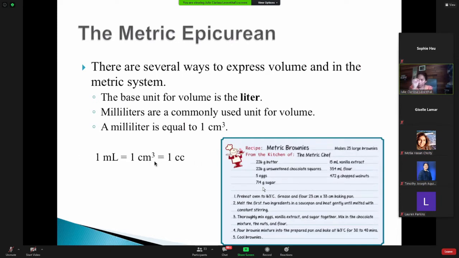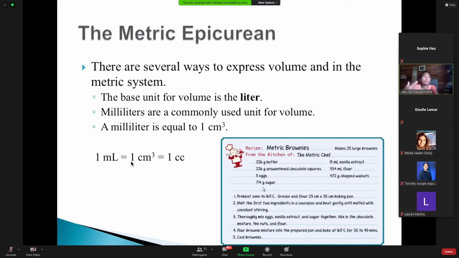Where can you usually see volumes in terms of cc? Any medical person here going into a medical field? If you look at syringes, they have cc's, ml. That's the same thing.